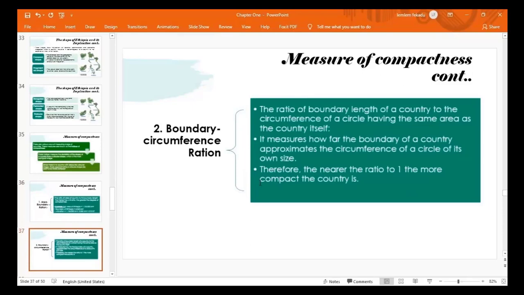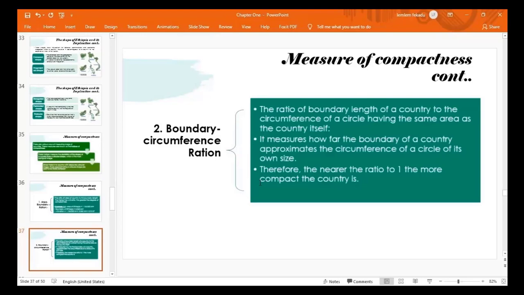So the compactness index based on the area boundary ratio of Ethiopia is 210.27. The next one is the boundary circumference ratio. This is also known as one of the measures of the compactness index of a certain shape of country. The boundary circumference ratio is the ratio of the boundary length of a country to the circumference of a circle having the same area as the country itself.